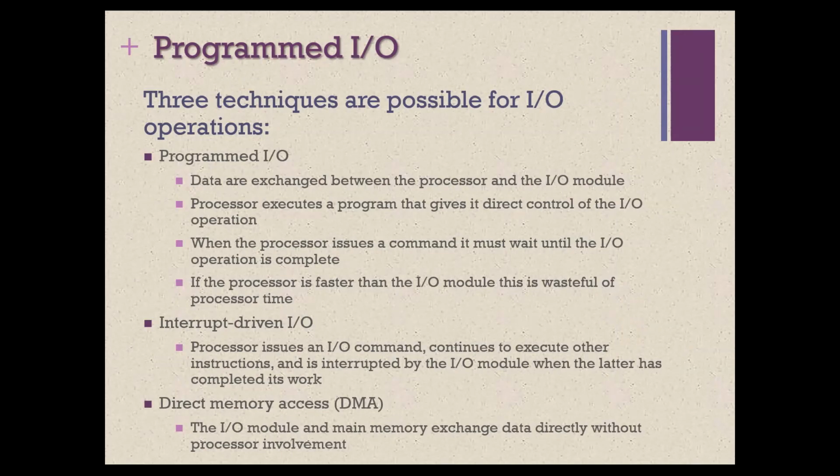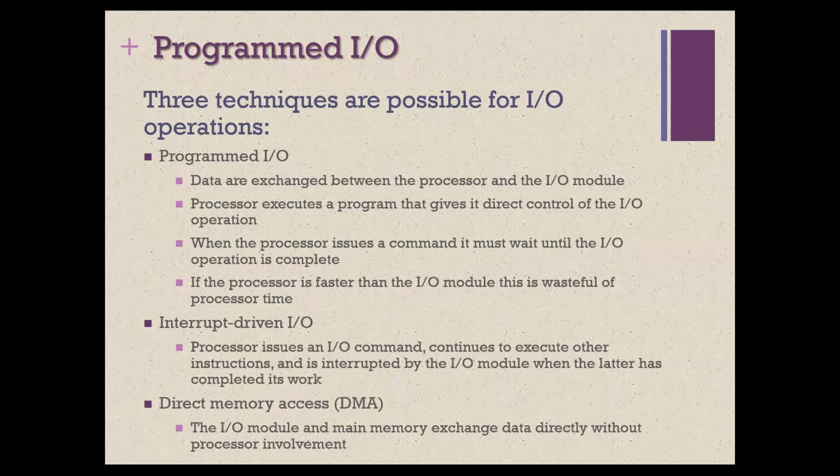So the processor executes a program that gives it direct control of the I/O operation, including sensing device status, sending a read or write command, as well as transferring the data. When the processor issues a command to the I/O module, it must wait until the I/O operation is complete. If the processor is faster than the I/O module, this is a waste of time for the processor.